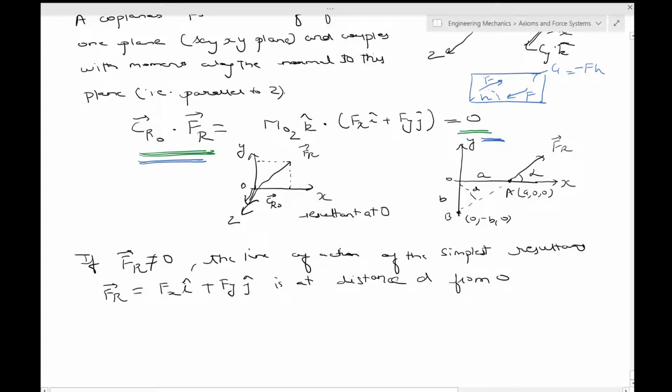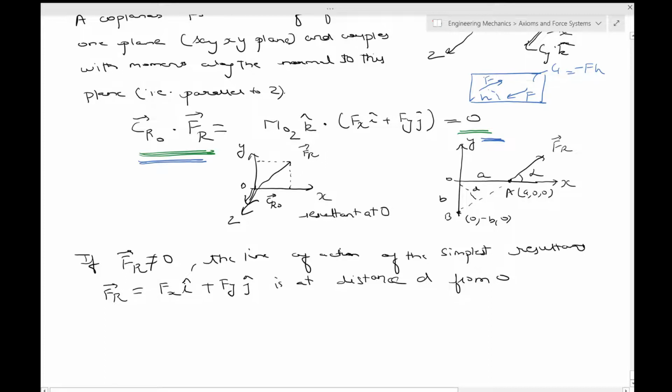And some relationships exist between these a, b, c, d.